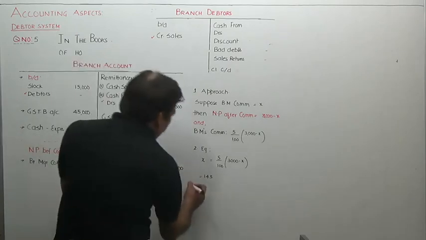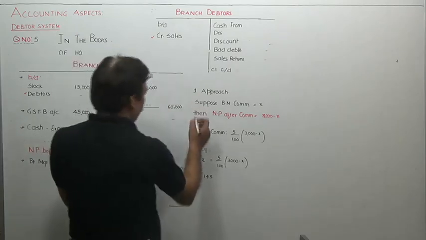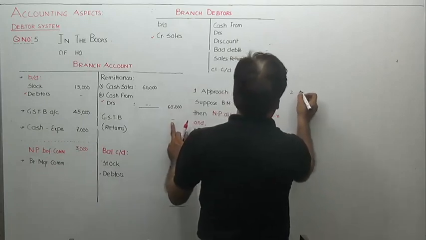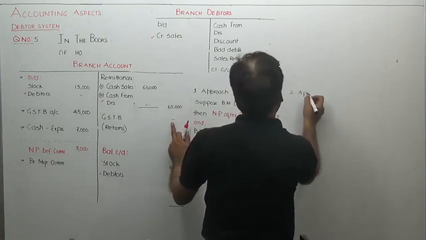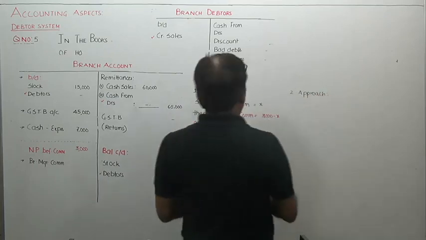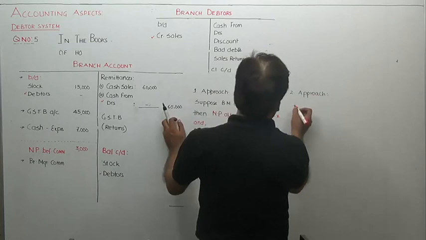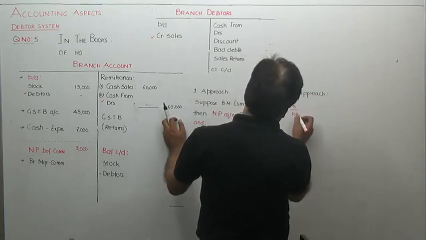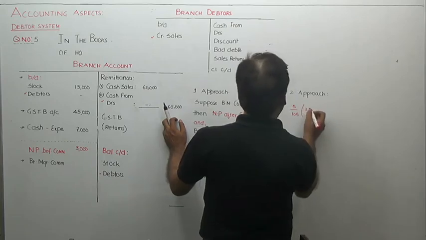Or approach 2: I can simply write 5 by 105 into 3,000.